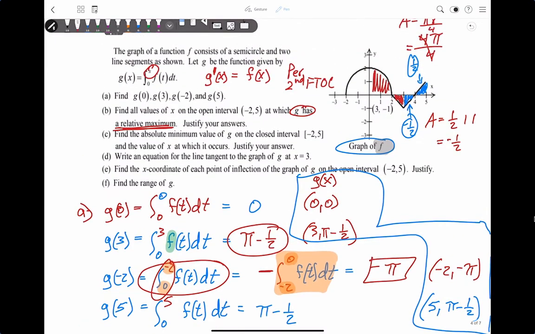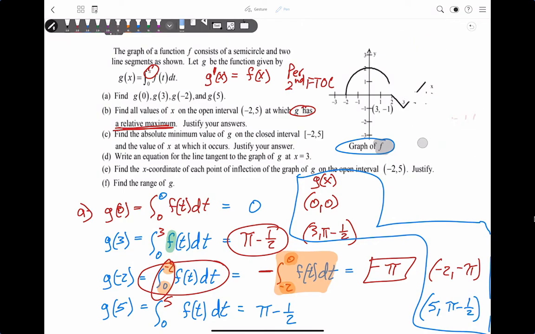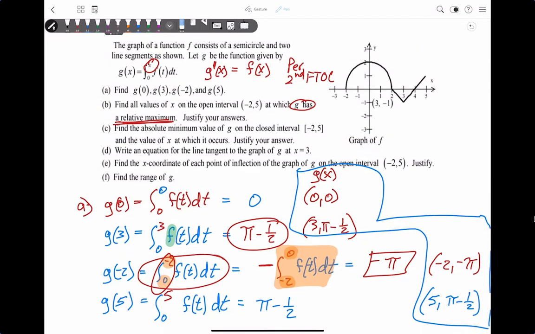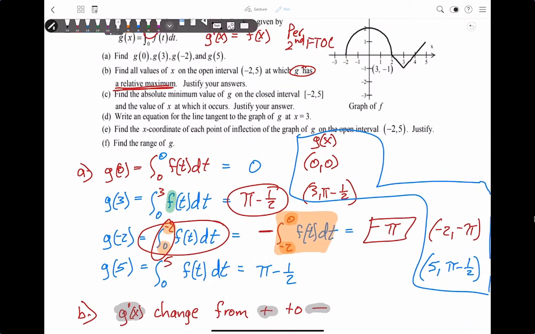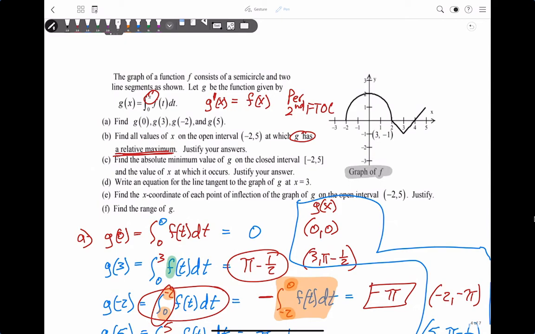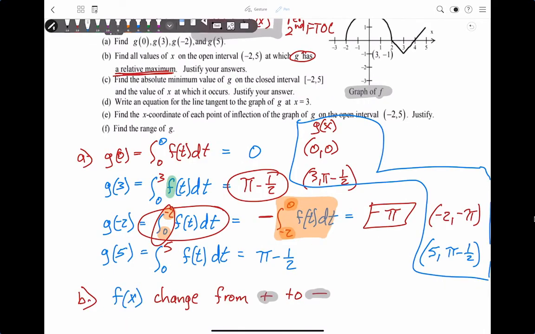Now, I don't have a g prime of x, okay? So if I'm looking for when g prime of x is changing from positive to negative, I don't have a g prime. But I know per second fundamental theorem that g prime is the same as f of x. So it's the same as if I were to say f of x is changing from positive to negative.